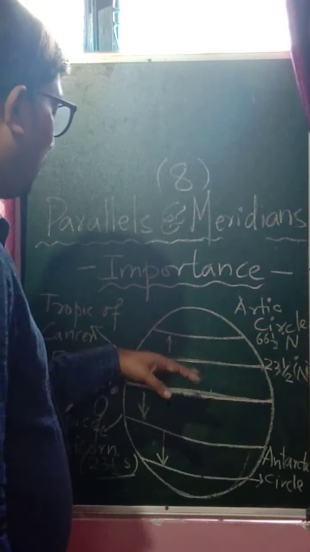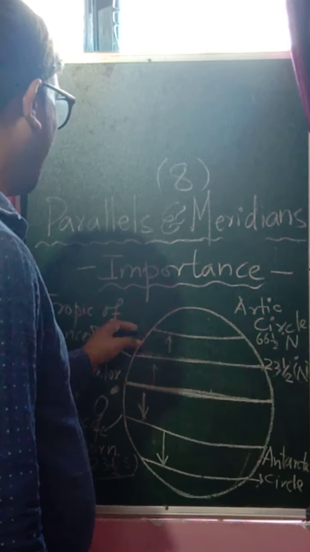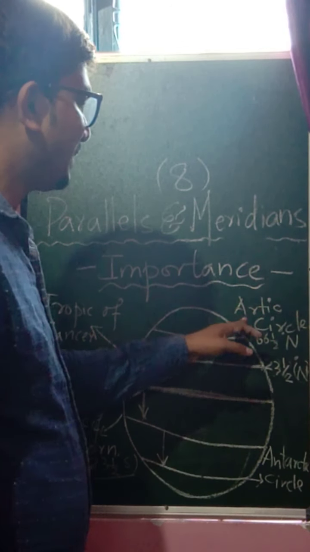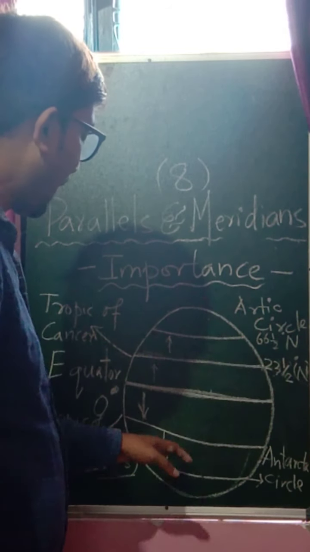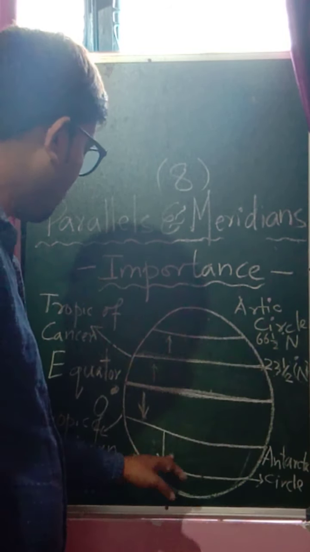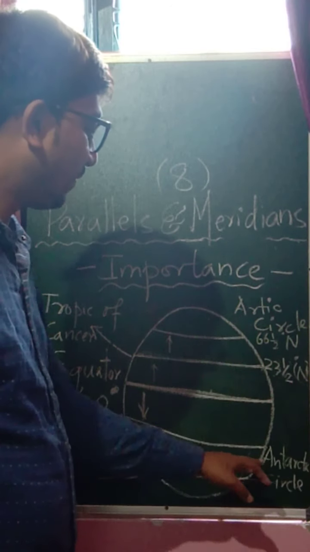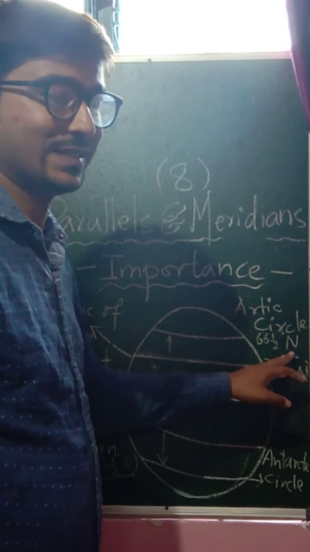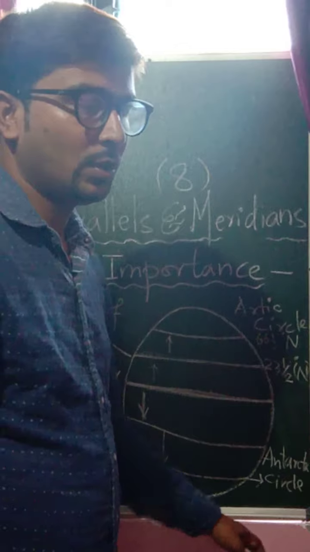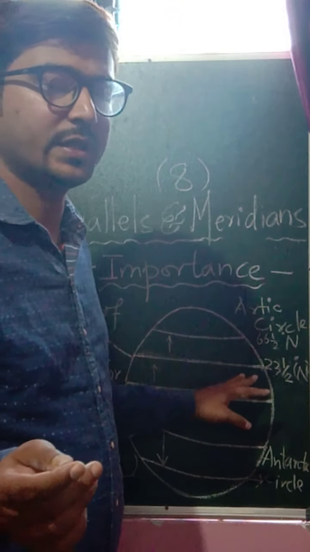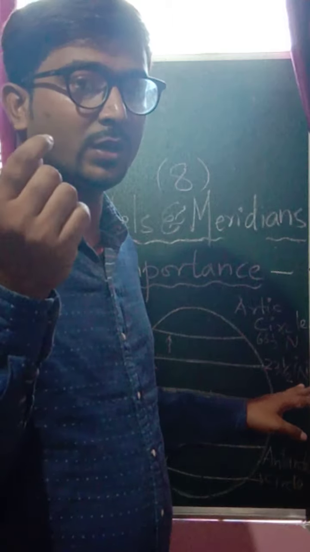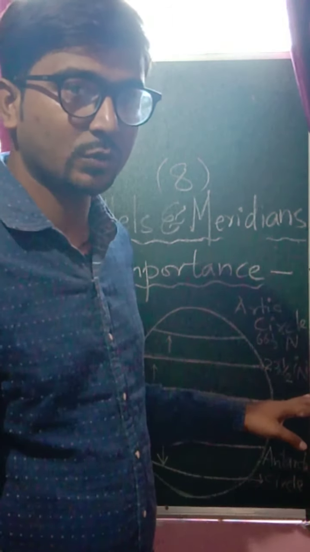The other two, above Tropic of Cancer toward the northern hemisphere is the Arctic Circle, which is 66.5 degree north, and on the southern hemisphere just below the Tropic of Capricorn we have Antarctic Circle, which is again 66.5 degree south. So these are the four important parallel lines of latitude. We have already studied that there were about 90 on the northern hemisphere and 90 lines on the southern hemisphere.